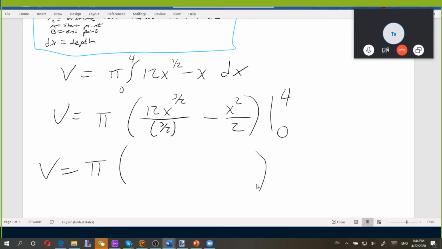If we divide by a fraction, we can flip and multiply. So 12x to the 3/2 power divided by 3/2 is the same thing as 12x to the 3/2 power times 2/3.